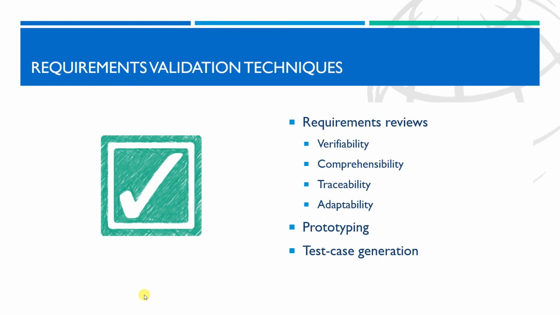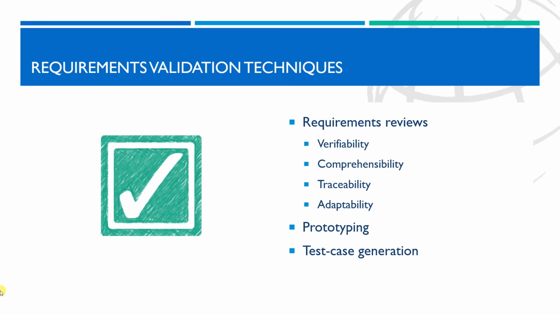The comprehensibility. Is the requirement properly understood? The traceability. Is the origin of the requirement clearly stated? The adaptability. Can the requirement be changed without a large impact on other requirements? And we have another technique, prototyping.